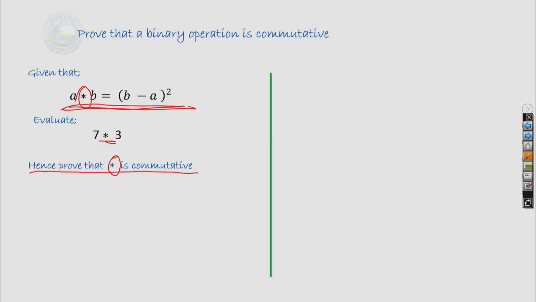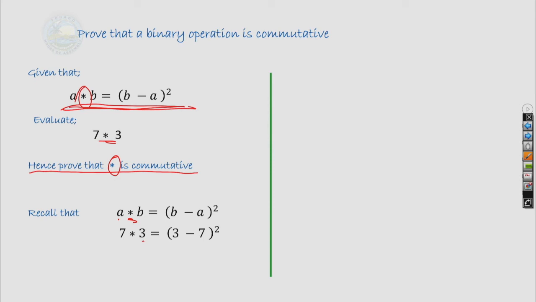So 7 star 3, again, please recall what the binary operator is. Whatever is behind the operator, we take that and subtract from it what is in front of the operator and square that. So what is behind the operator? Behind the operator is 3.